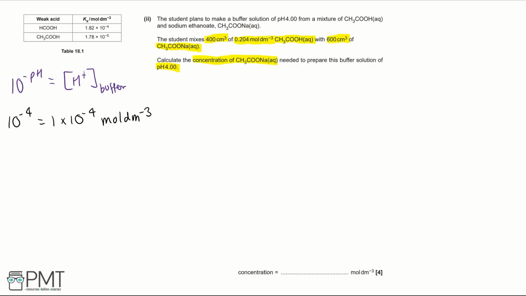Then we're going to work out the concentration of ethanoic acid in the buffer. So the way we're going to do this is we're going to do 0.204 divided by 1. So what we've done is we've got the total volume, which is 1,000, because 400 plus 600 equals 1,000, and this is centimeters cubed, which equals 1 decimeter cubed. So we've divided the concentration by the total volume, and then next we're going to scale it.